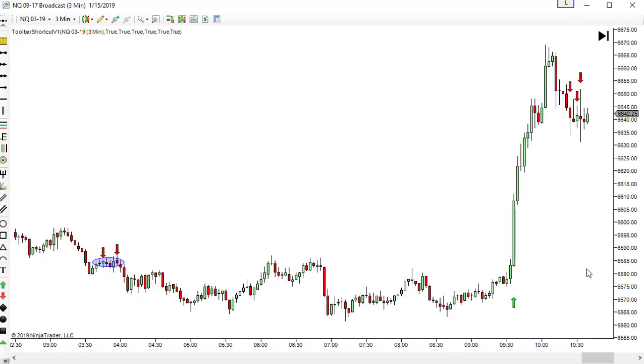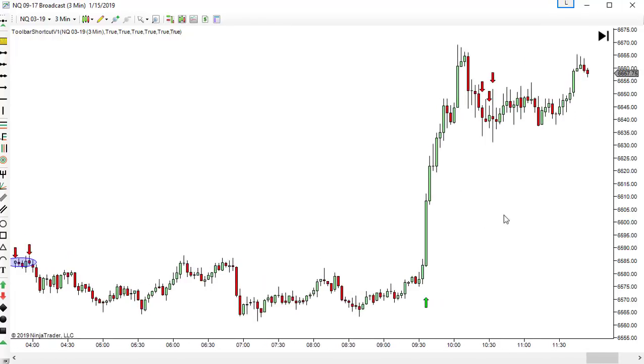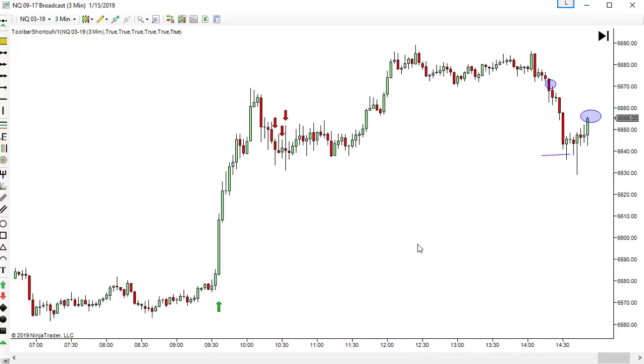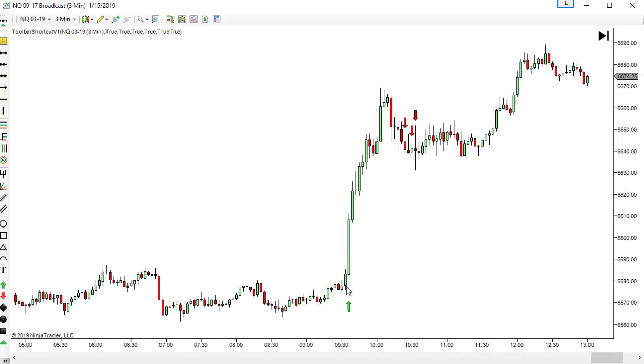Now, on the power play, after you get in the trade, it can act like an understanding trade to some level. We would expect this thing to go up a minimum of 20 ticks, minimum. If it does not close above 20 ticks from where we got in, this is important, it could pull back.